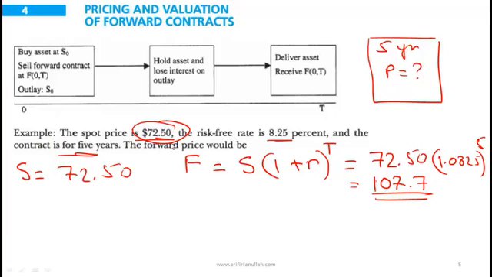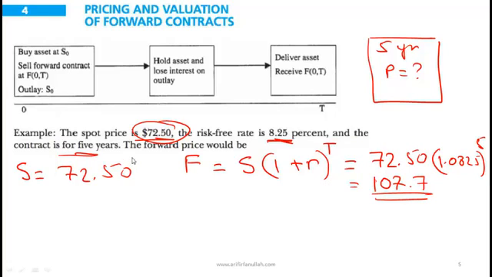The opportunity cost is this interest rate, and since it is essentially guaranteed that the short party needs to sell this asset at a given price after 5 years, we should use the risk-free rate. So that is the logic for using the risk-free rate.